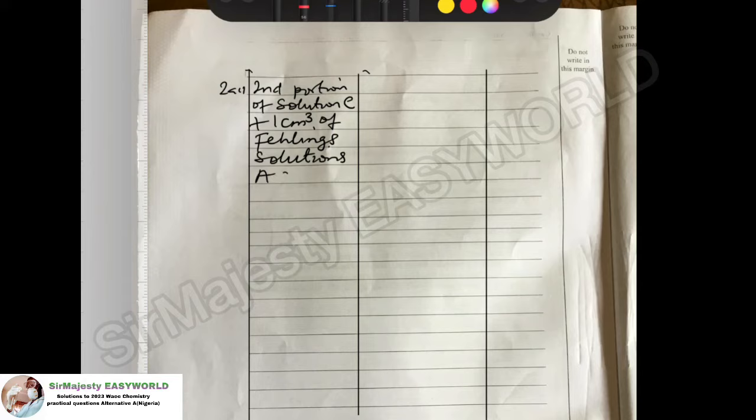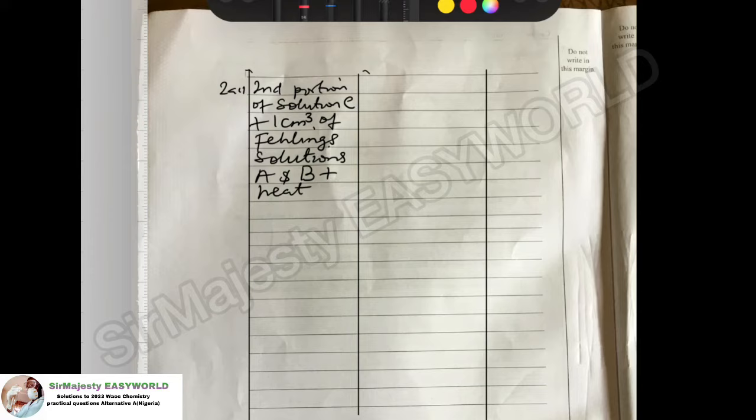Maybe I'll repeat that one. 2AI, second portion of solution C plus 1 cm cube of Fehling solutions A and B plus heat.